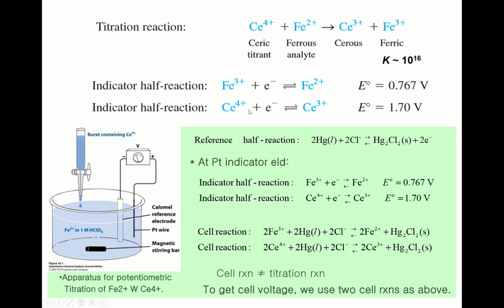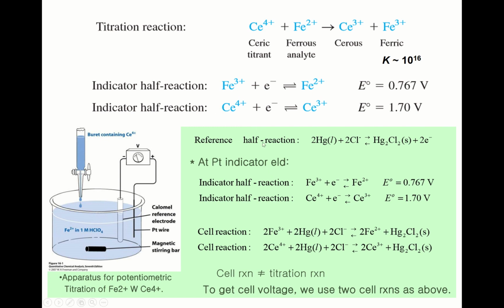So this one is a very strong oxidizing agent, and it can oxidize not this one, but this ferrous ion. Now, this ferrous ion is acting as what? Reducing agent.